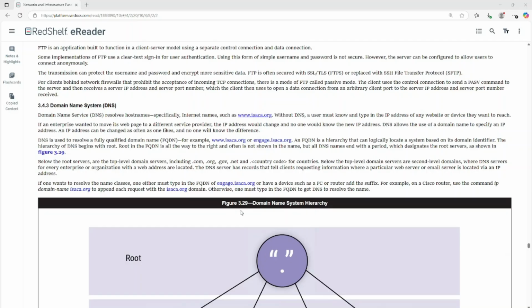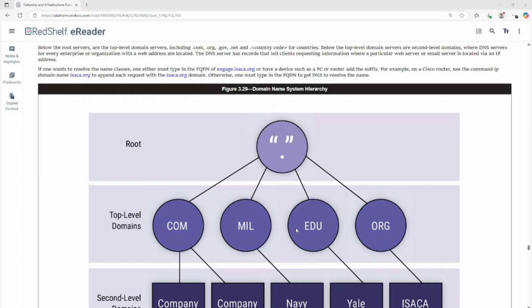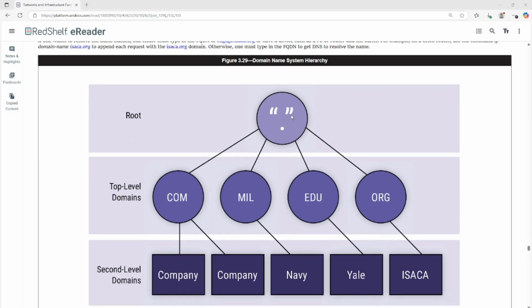The diagram of figure 3.29 shows us the domain name system hierarchy. The root, which is the dot. The top level domains will give you the .com, the .mil for military or navy or whatever, .edu for education, .org for organization.